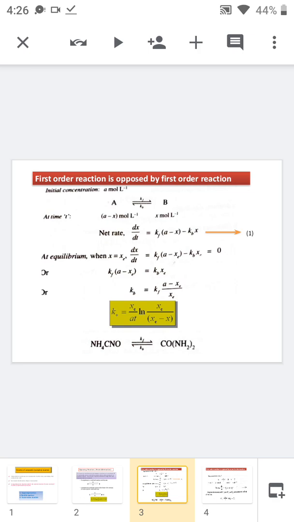So this is the integrated rate expression for the opposing reaction in which both the forward and backward reaction are first order.